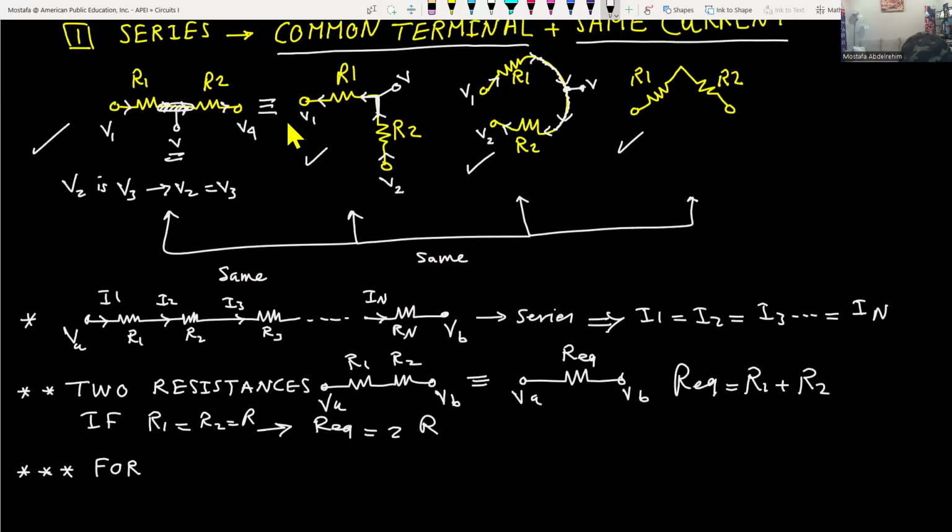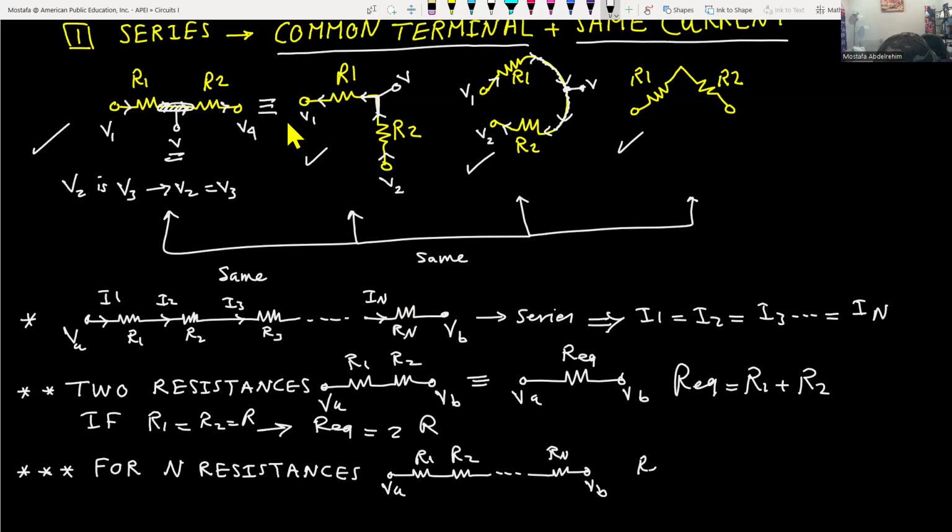So again, the general rule for N resistances between VA and VB, R1, R2, Rn: R equivalent will be R1 plus R2 plus, until you reach, Rn.